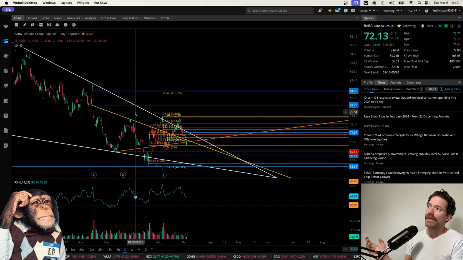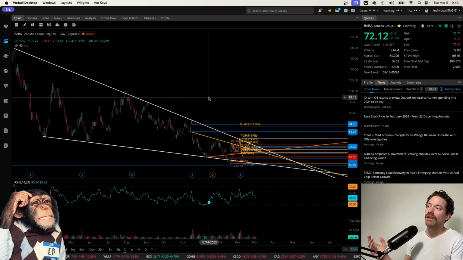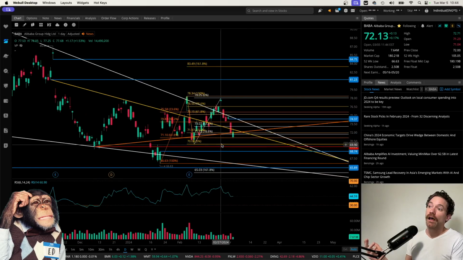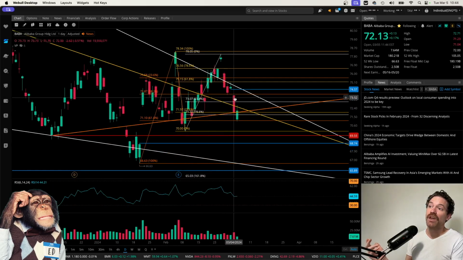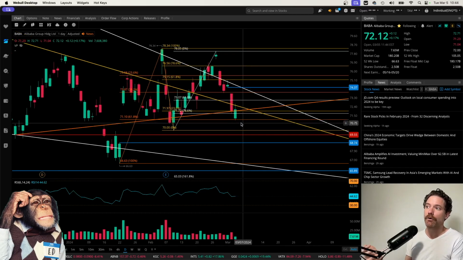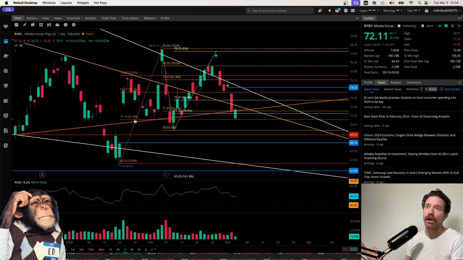And then looking bigger picture at the falling wedge that I see here, I do think that we're having some troubles breaking out of the top of the wedge. Struggling a little bit as we did get this fake out here, but it is encouraging. It does seem like we could be finding support around this orange 618 here at $71, having hit the low of the day of $71.04.